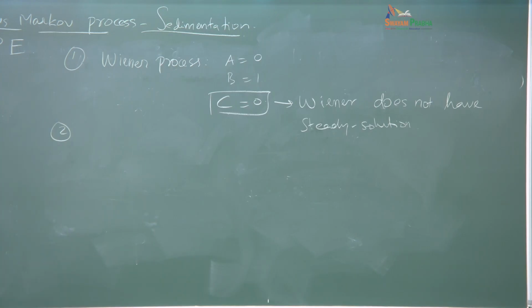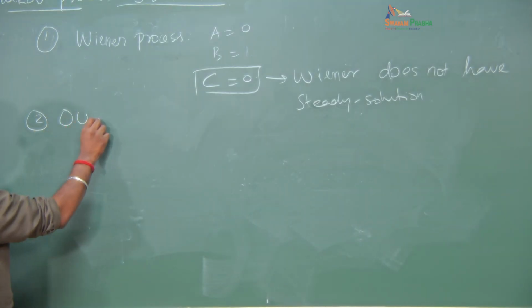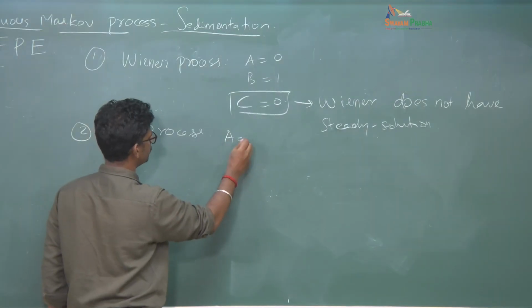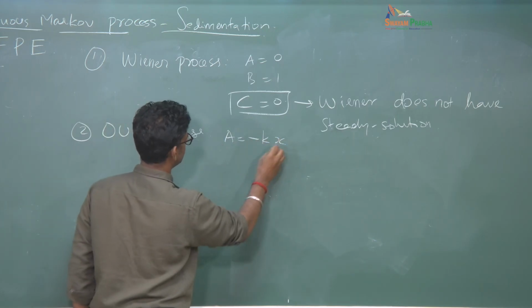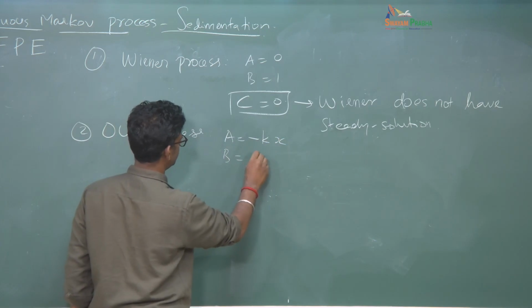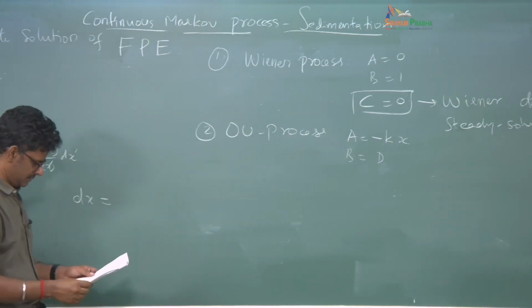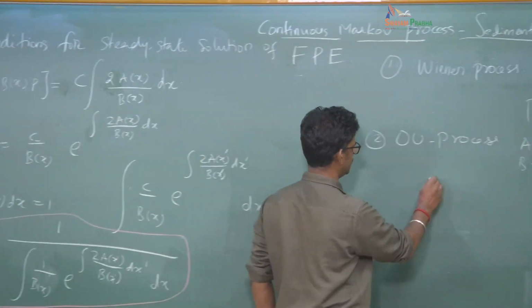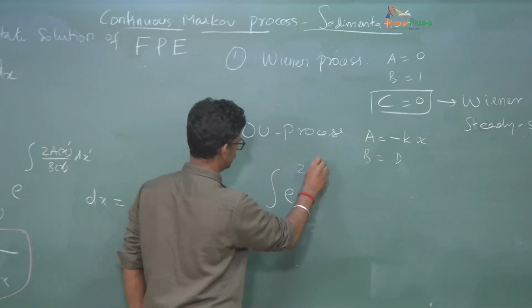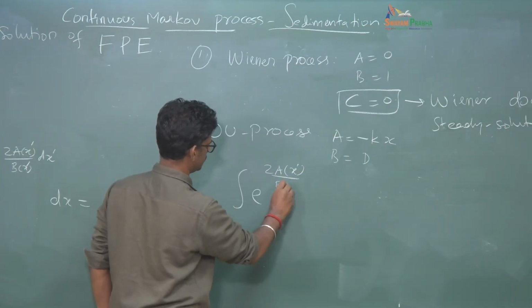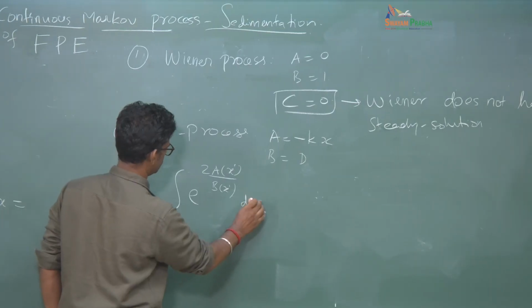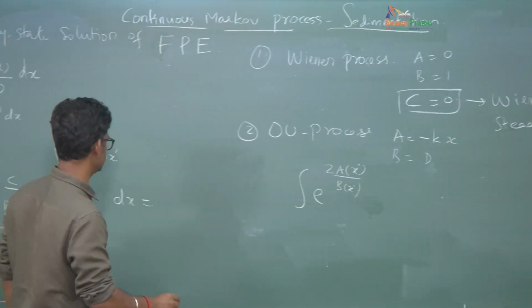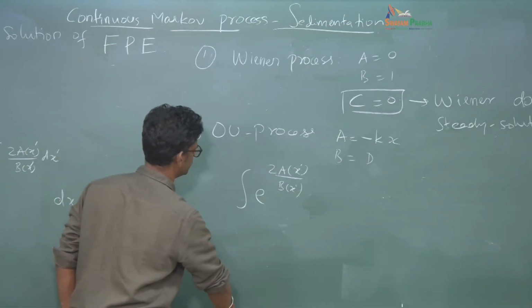But if you consider the OU process, where we say A is equal to minus kx and B is some D, just D. First we will calculate the exponential term.